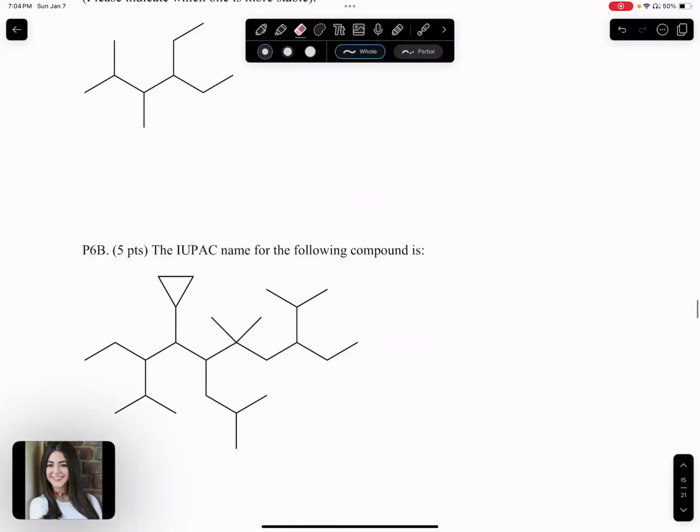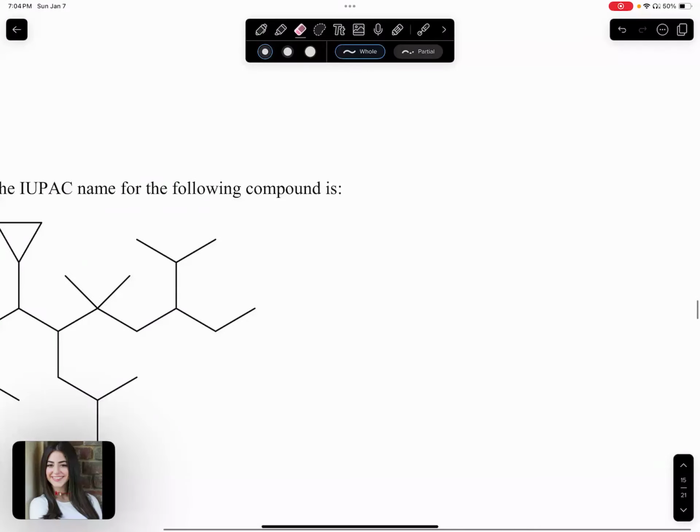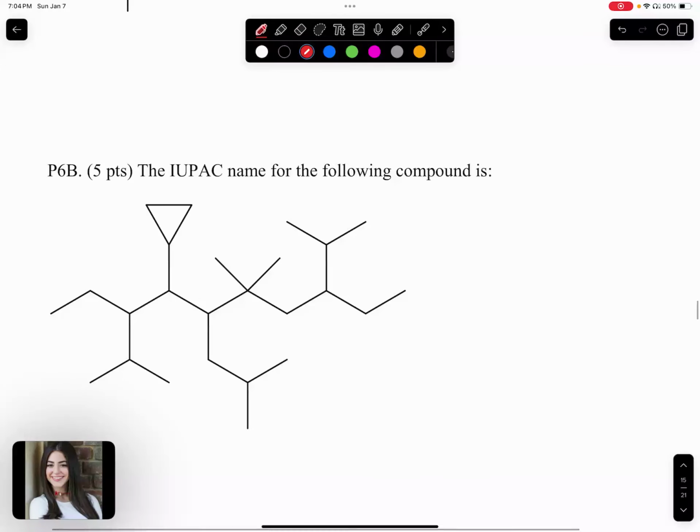Okay, how about actually just to not include complex substituents, we're going to change this question slightly and take away this, take away this, and take away this.